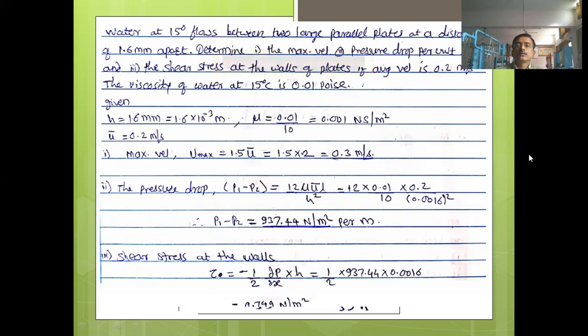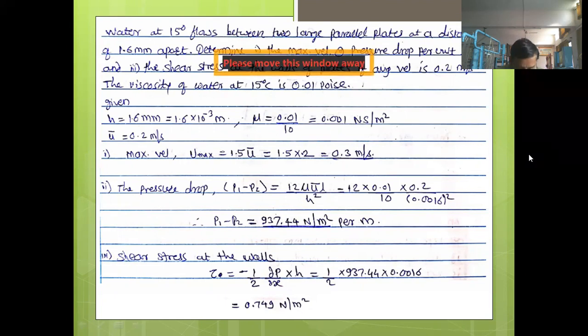Now what is asked? Find the maximum velocity is the first question. So how to find the maximum velocity? What is the formula? U max is equal to 1.5, or 3 by 2, into u bar. The total h is given to us. So u max is equal to 1.5 into u bar.